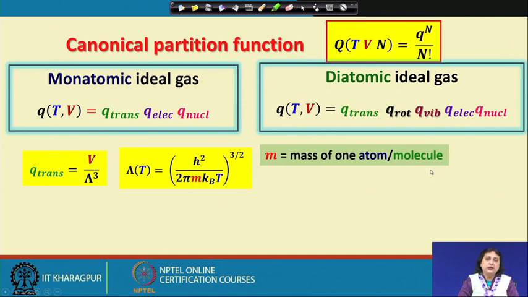We have discussed all these in the last lectures. Now, the next important factor which appears in both the cases is the Q electronic, given by an expression like this, which we have discussed in detail.